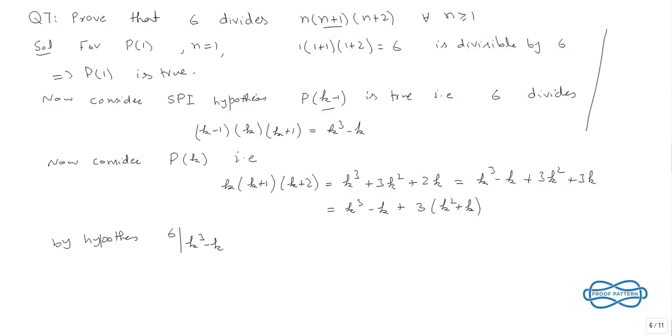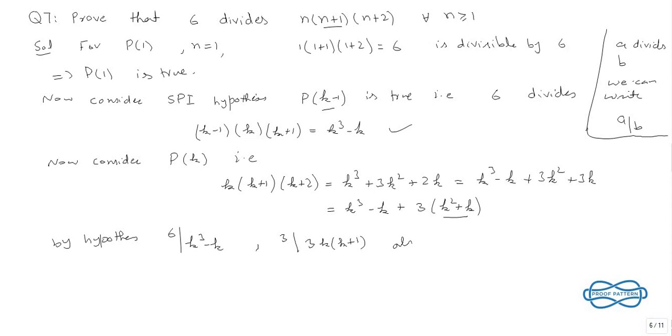Whenever we say A divides B, it means B is divisible by A. Now 6 divides k cube minus k by our hypothesis, and 3 divides 3 into k into k plus 1; we can take k as a common factor from this term.